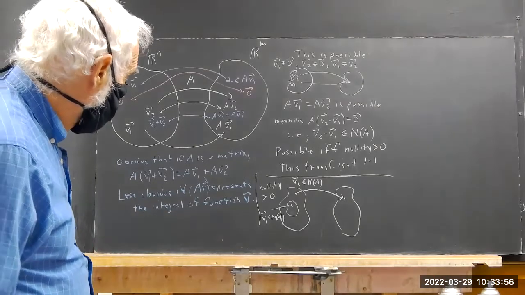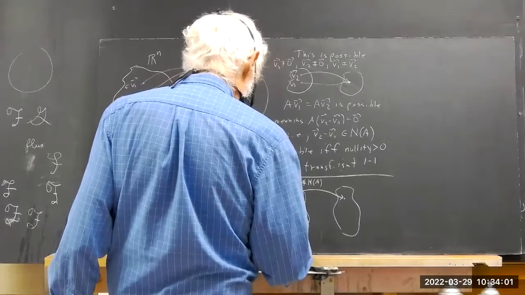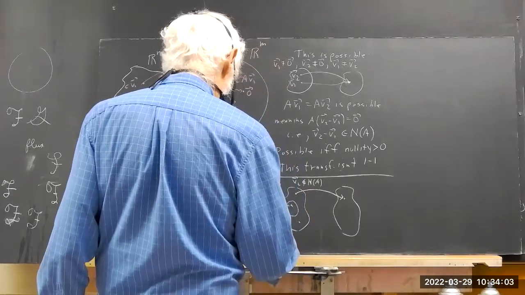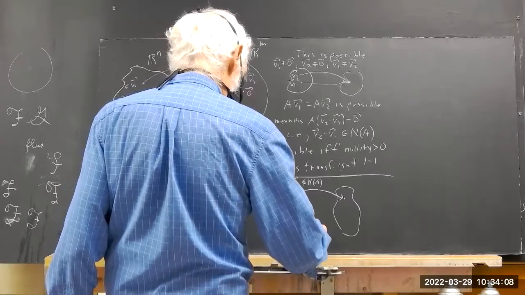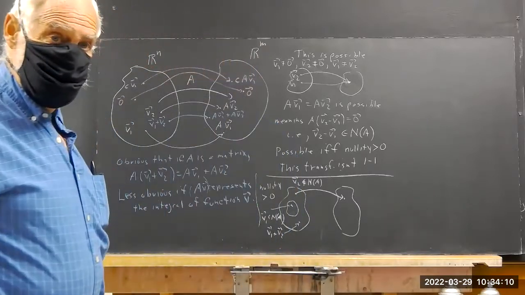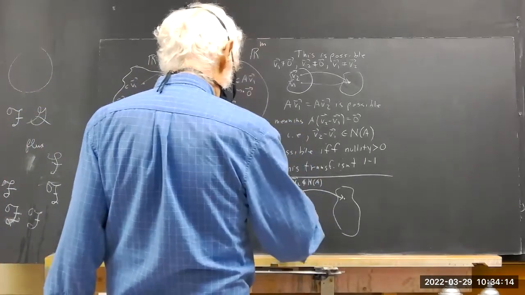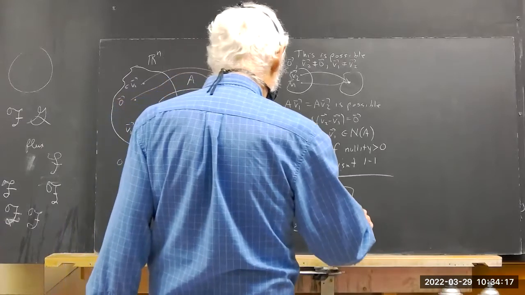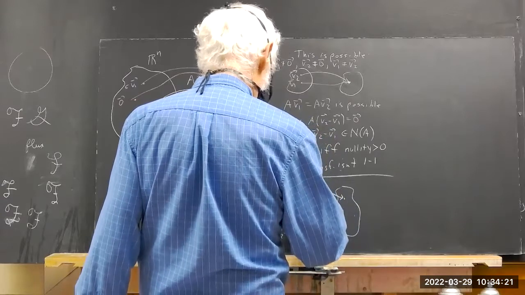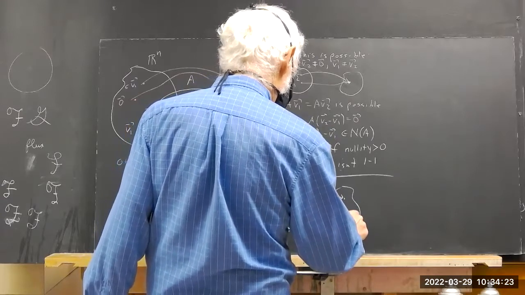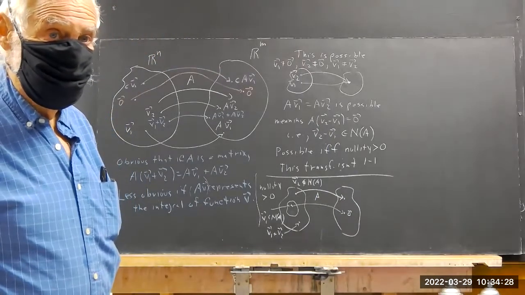Now, let this vector be V1 plus V2. Well, V1 in the null space maps to the zero vector, doesn't it?